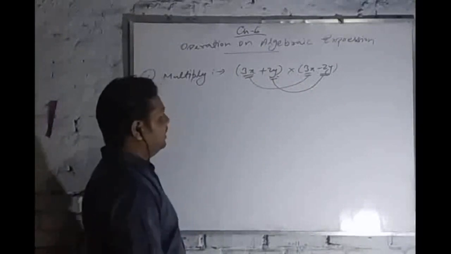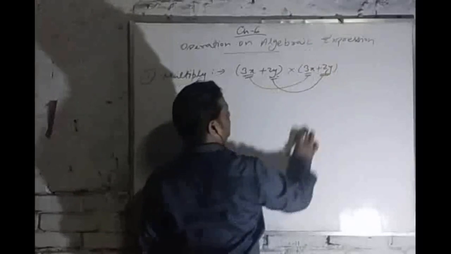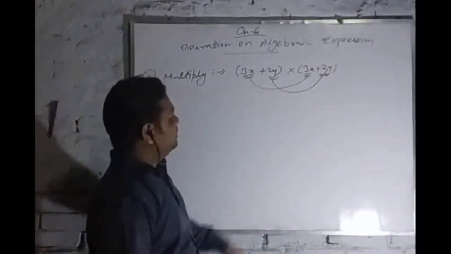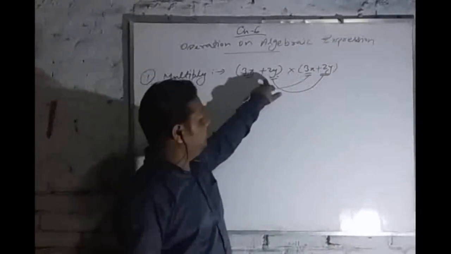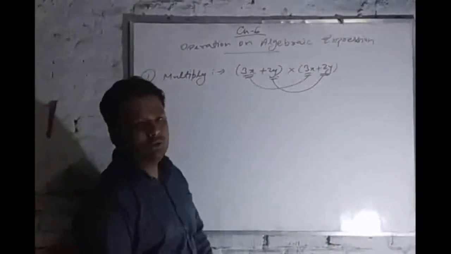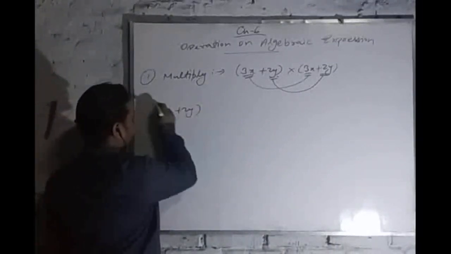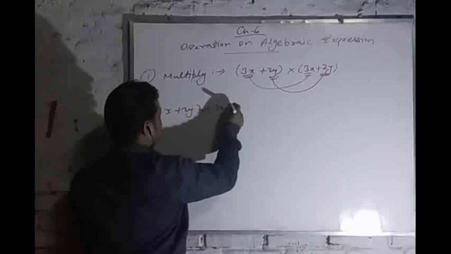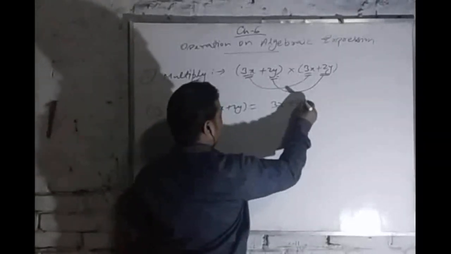Okay. Now here you can see at first I have both plus signs. Now you can see here that the sign is also matching. So the whole expression is matching. So we can write it like this: 3x plus 2y into 3x plus 2y is equal to 3x plus 2y whole square.